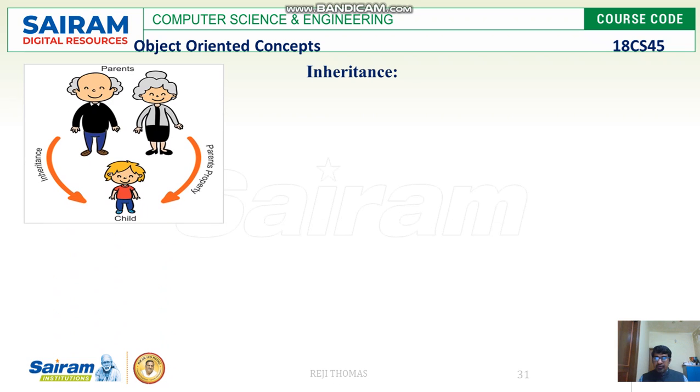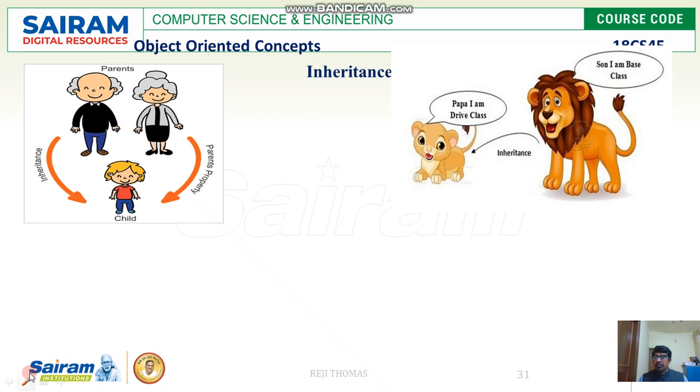So these are a few examples. Parents and child: obviously the child will inherit certain properties from the parents. Look at the lion and cub: the cub will inherit certain properties from the lion.